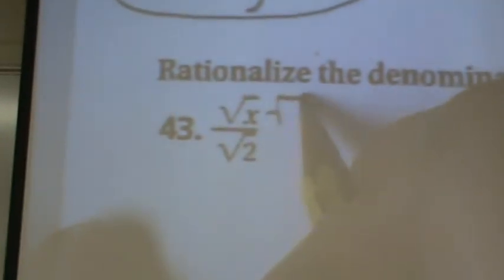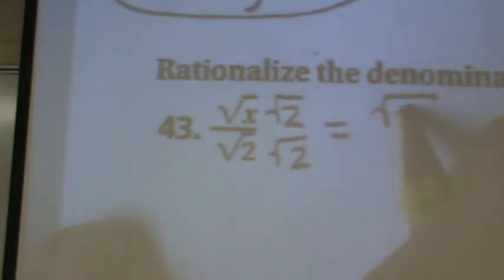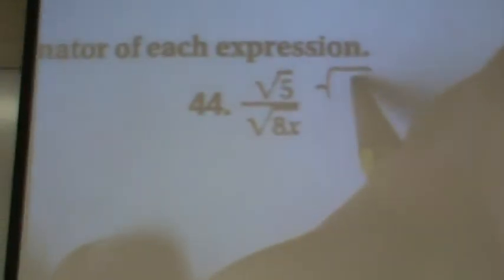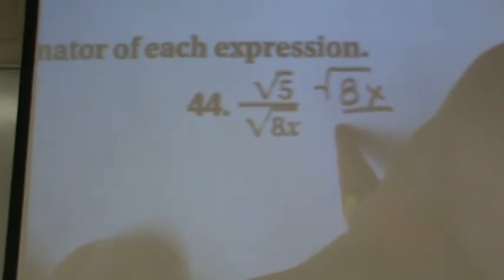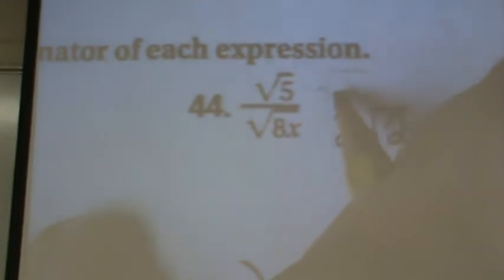For 43, we're going to rationalize the denominator, multiply the top and the bottom by root 2. So it's root 2x over 2. 44, multiply root 8x. Actually, for this one, you could take out a 2 and make this 2 root 2x.